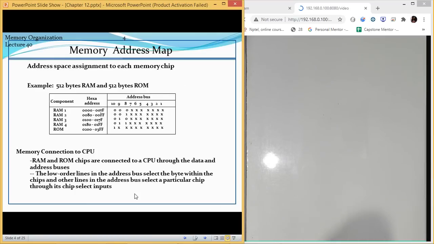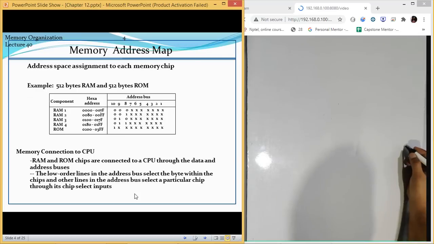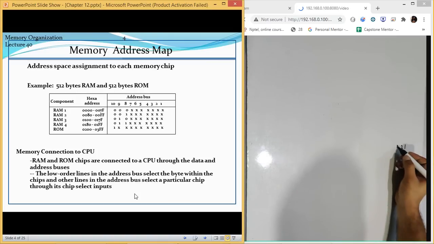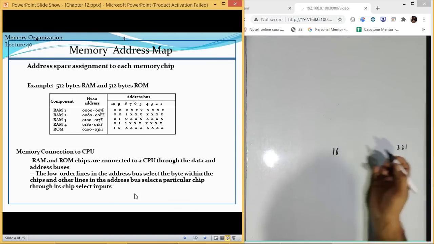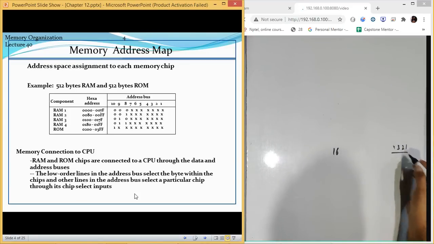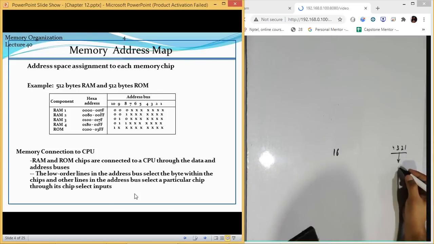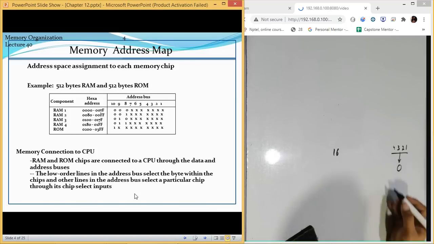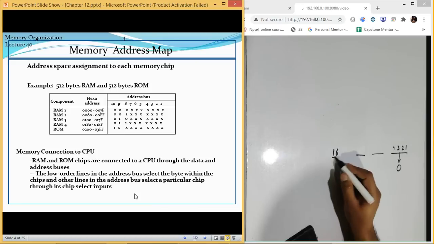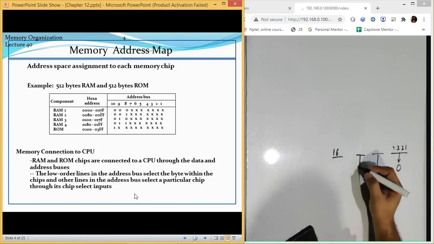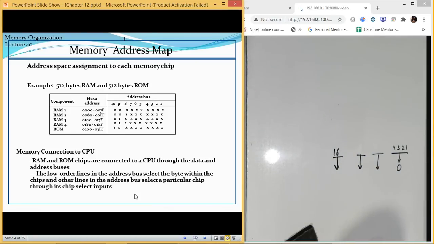Now if there are 16 bits, it will start from 1 up to 16, like 1 2 3 4 up to 16. Now we are using a hexadecimal representation to represent these addresses. What does it mean if we are having 16 bits? 4 bits will be combined together to make a single hexadecimal digit. So if we are having 16 bits, the total number of hexadecimal digits we are going to get will be 4.